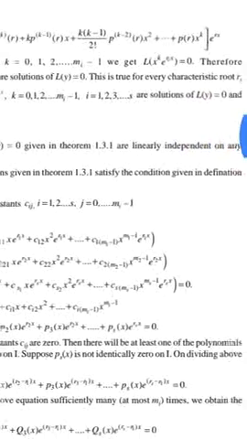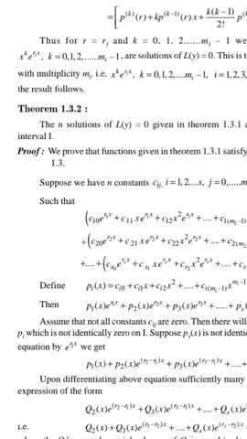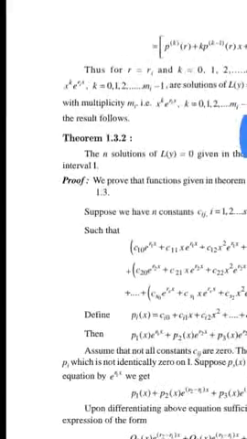This is true for every characteristic root Ri with multiplicity mi, that is, x raised to k e raised to Rix, k is equal to 0, 1, 2, 3, dot dot, mi minus 1, i is equal to 1, 2, 3, dot dot, s are solutions of L of y is equal to 0, and the result follows.